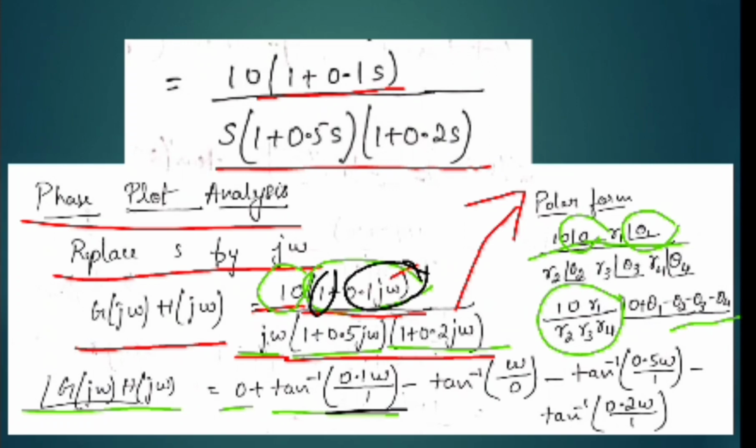And similarly, finding the remaining angles, minus theta 2 is tan inverse of omega by 0, as the real term is 0, and minus theta 3 becomes tan inverse of 0.5 omega divided by 1, and the last term here is minus tan inverse of 0.2 omega divided by 1.